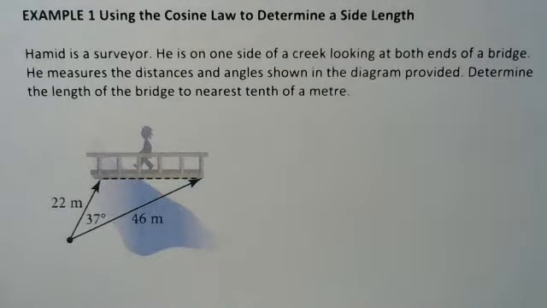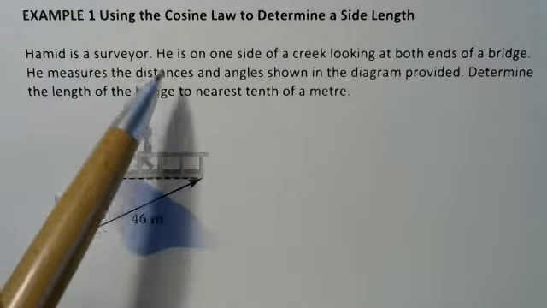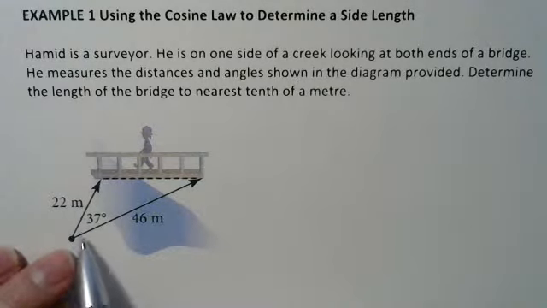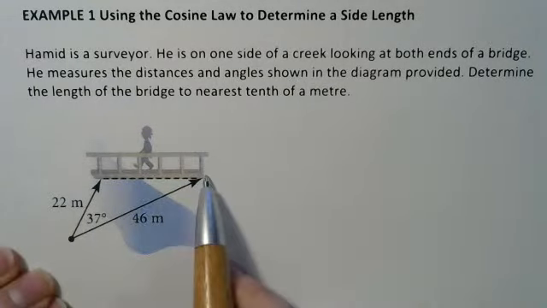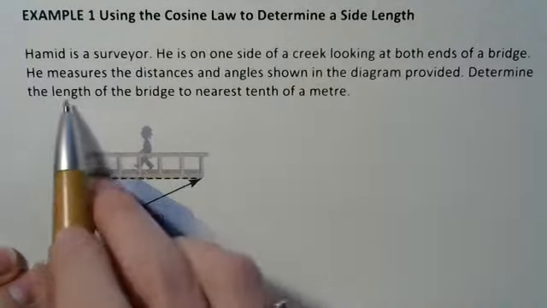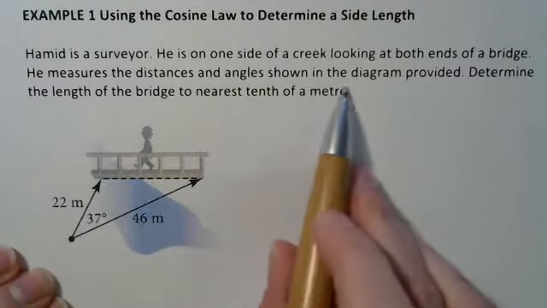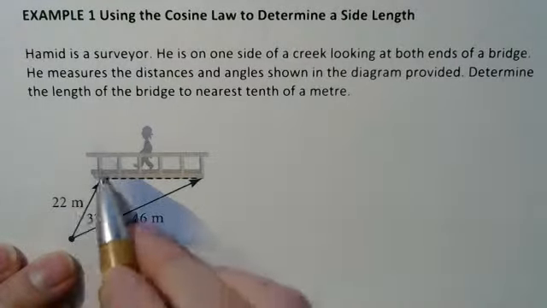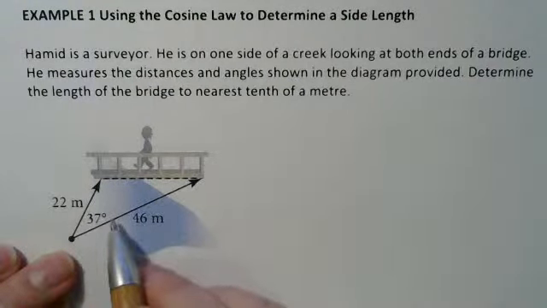Okay. So if we're going to use the cosine law to find a side length, in this case we have Hamid, a surveyor. He's on one side of a creek, and he's looking at both ends of a bridge. So he must be here, because I think he's looking at both sides of this bridge. He measures the distance and the angle shown in the diagram. So he measures this distance, he measures this distance, and he knows the angle in between the two.